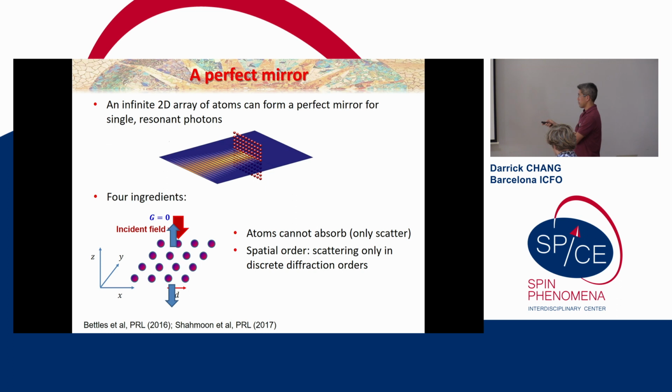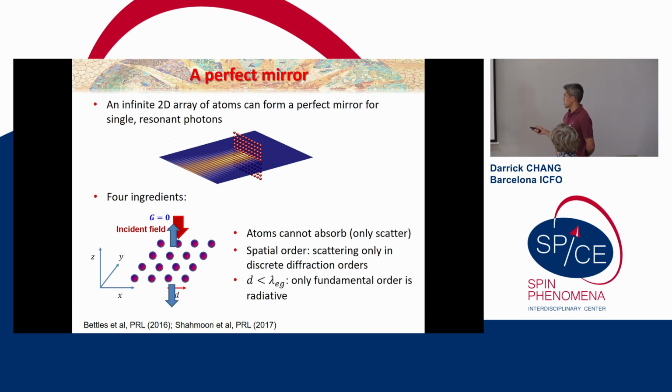For example, you can have a fundamental diffraction order where you shine in light and it either goes straight down, which is transmission, or comes straight back up, which is reflection. And then you can have a first diffraction order where the atomic array adds 1 unit of reciprocal lattice momentum to the photon, and so the photon comes out at a well-defined angle.